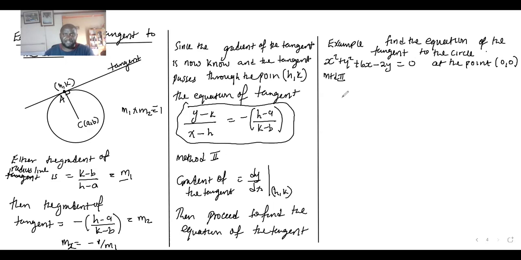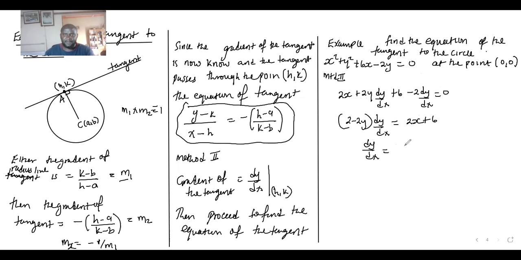When I differentiate the entire circle function, I get 2x plus 2y dy/dx plus 6 minus 2 dy/dx is 0. I don't know that people remember this technique. We shall get (2 minus 2y) dy/dx is equal to 2x plus 6. So dy/dx will be (x plus 3) divided by (1 minus y).